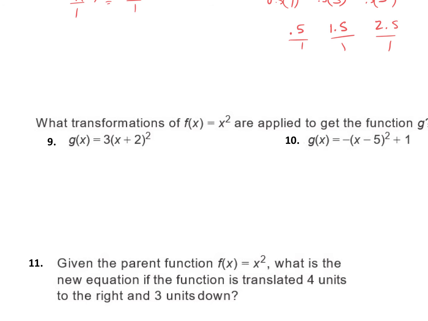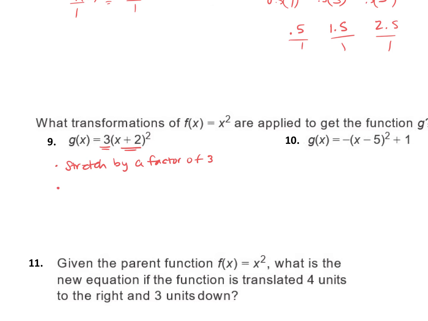All right, 9 and 10. What transformations of f of x equals x squared are applied to get our new function? So any number out in front will be a stretch or a compression. If that number is bigger than 1, that is a stretch by a factor of 3. That's how we would say that. All right, any number inside with the x will be a translation to the right or left.